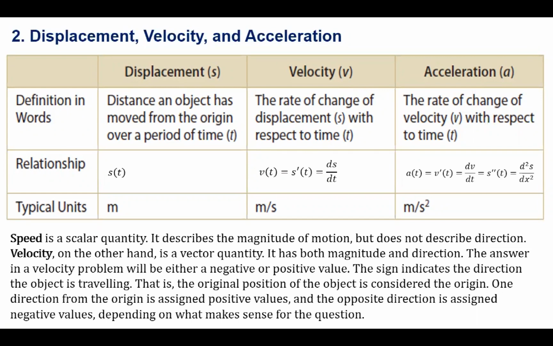The sign indicates the direction the object is traveling. That is, the original position of the object is considered the origin. One direction from the origin is assigned positive values, and the opposite direction is assigned negative values, depending on what makes sense for the question. Any questions?